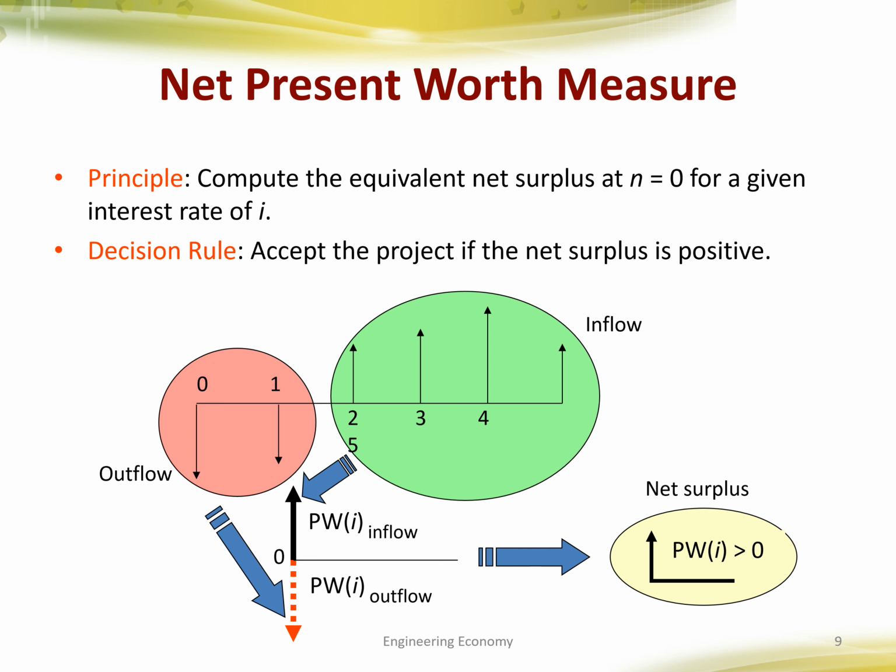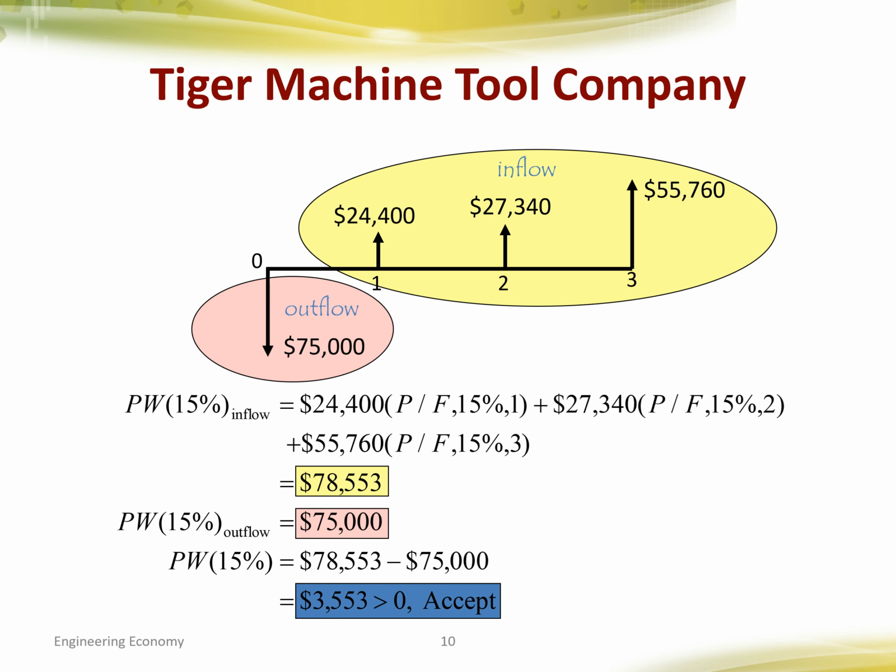Reasonable, right? This is based on a certain interest rate, which is something we define. Under that interest rate, if the present worth of the net cash flow is greater than 0, we'll accept this opportunity. Otherwise, we'll reject.